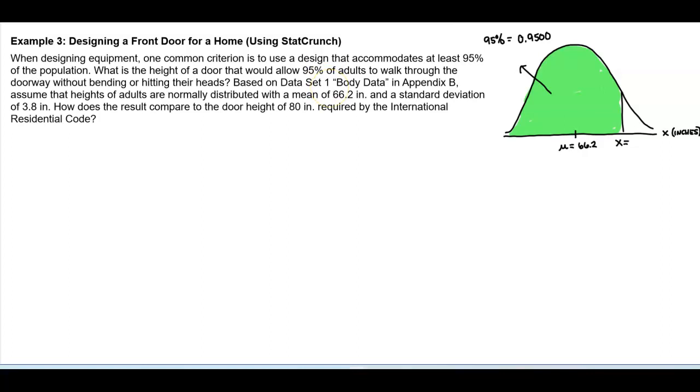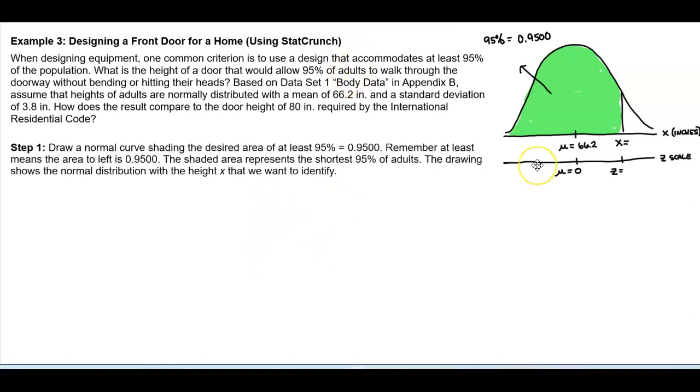Now also recall that we also need to include the z-scale, because we need to determine what is that z-score. So we know that for the z-scale, the mean is going to be 0. And we want to be able to find out what is the z-score according to the area of 0.9500.